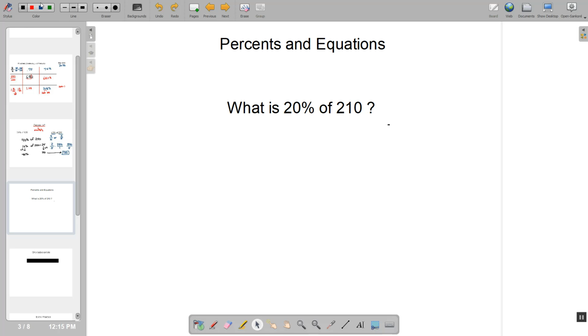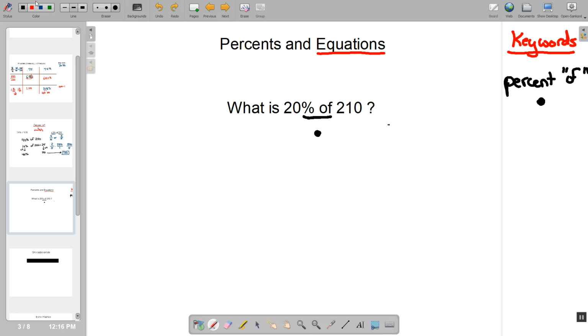So if we're going to be solving this with a linear equation, the strategy we have to do is identify the keywords in the problem and then make an equation. The first keyword is actually something we covered earlier, which was percent of, really emphasizing that of. Percent of, if you remember, is multiplication. So right here means there is a multiplication between 20% and 210.